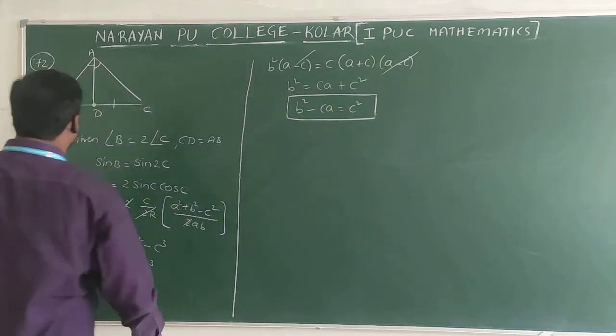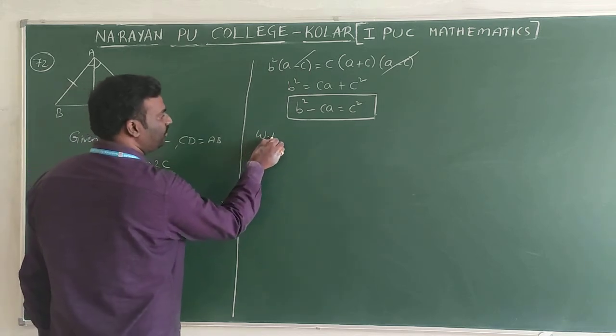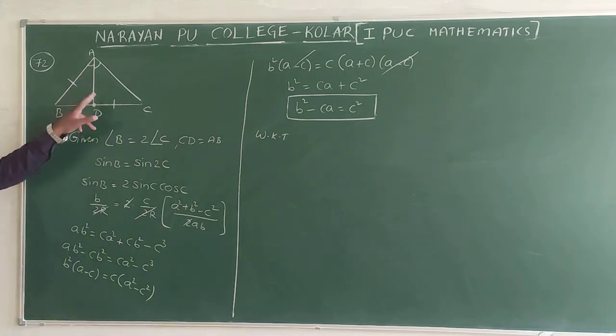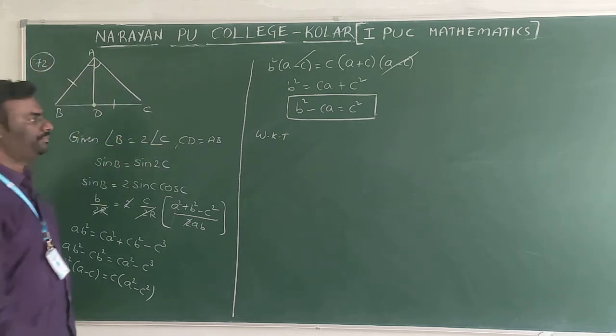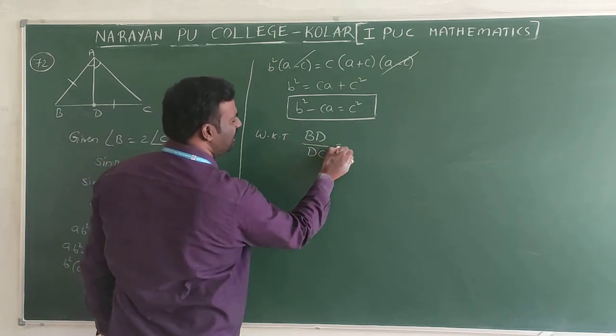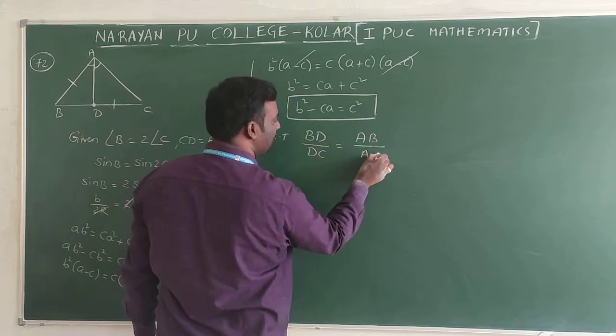Next, according to the concept, we know that if it is an angular bisector, BD by DC, the ratio is equal to AB by AC. BD by DC equals the ratio of AB by AC.